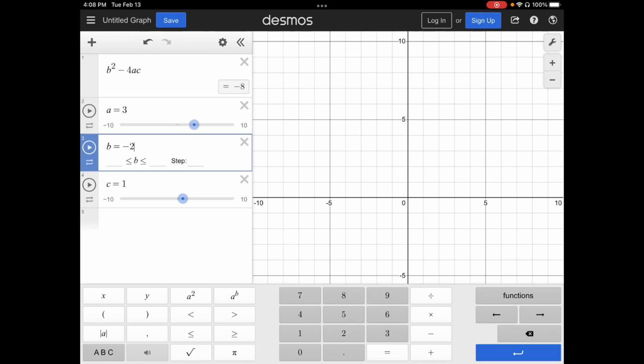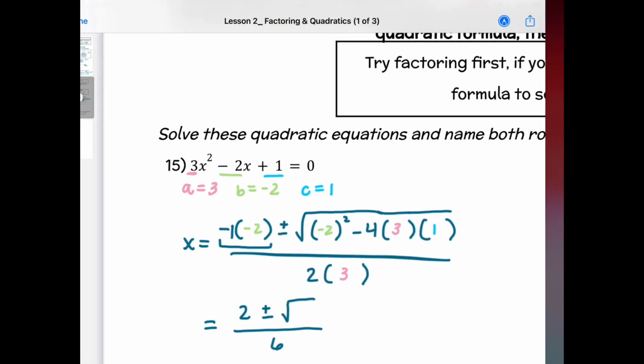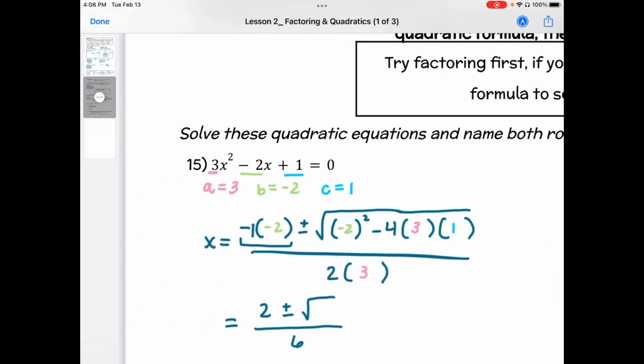B equaled -2, and C was 1. So once we type that in, it gives us our answer. So it gives us that our discriminant equals -8. So we can go ahead and go back and write -8 underneath the square root.